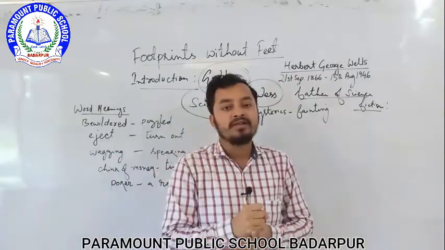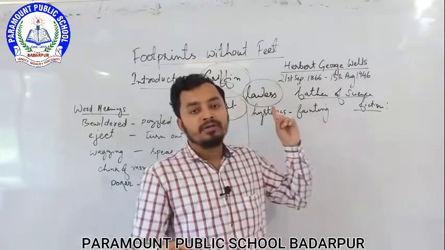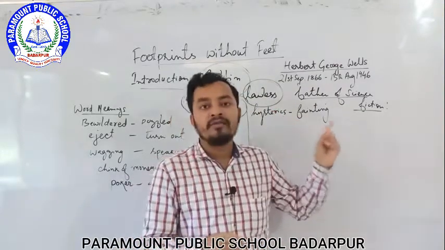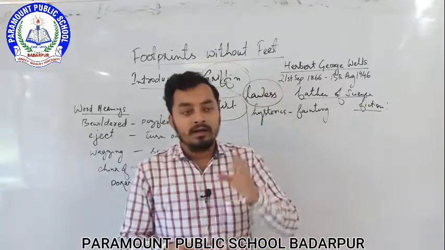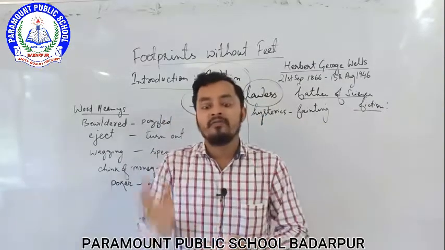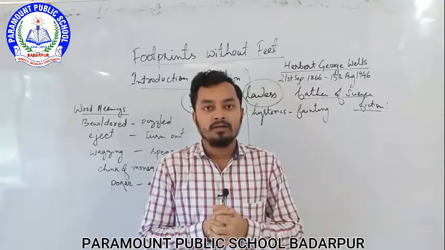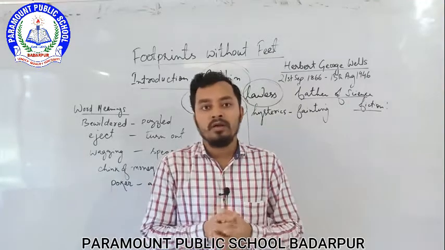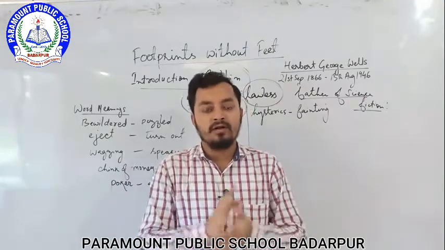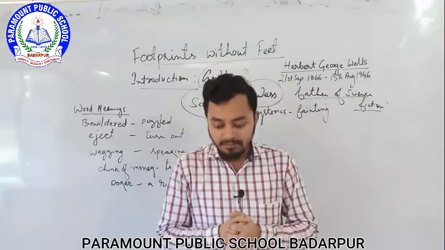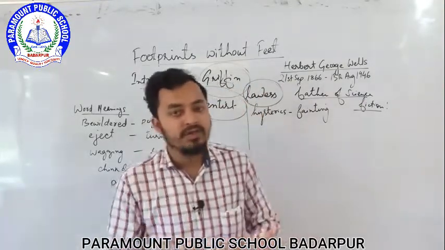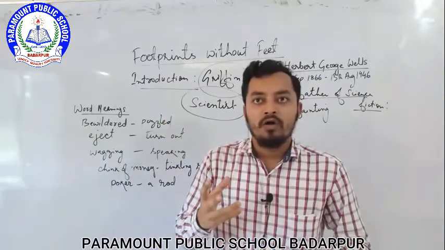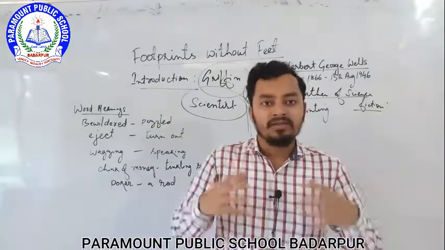Actually, those footprints were left by whom? The Griffin. They were left by Griffin, the scientist. So, till the time he left footmarks, he was completely invisible. But leaving footprints on the mud, he created confusion in the minds of the two boys, and they were bewildered, that is, confused.